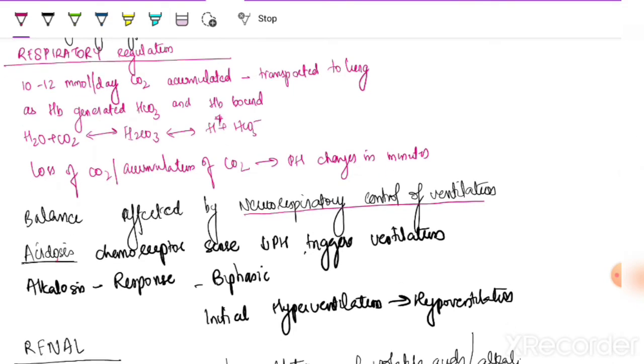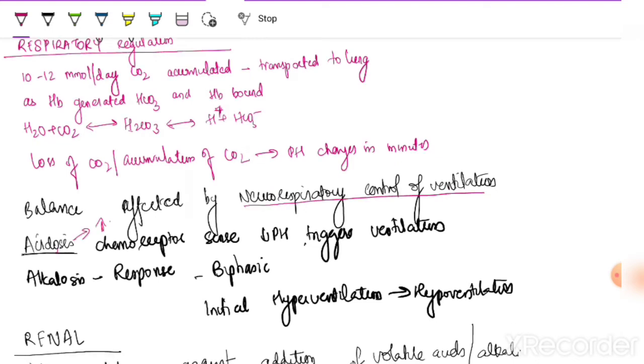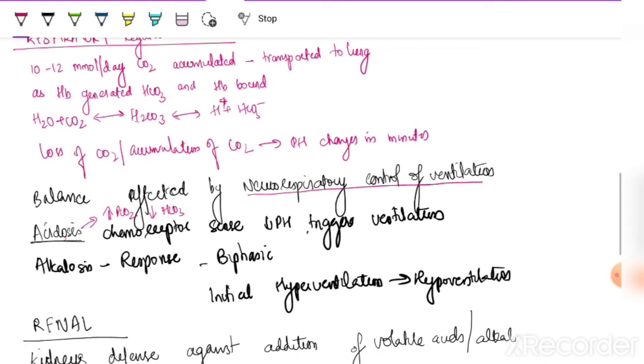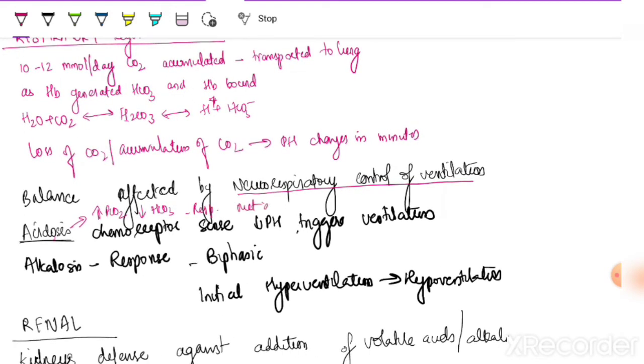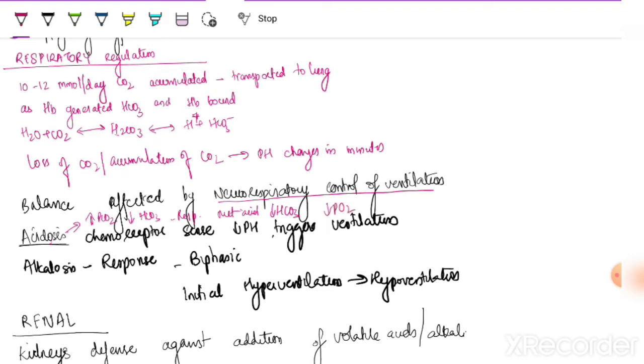So what happens in acidosis? Acidosis, if it is respiratory, is basically an increase in PCO2 and a decrease in HCO3. If it's metabolic, acidosis means a decrease in HCO3, and there will also be a decrease in PCO2.